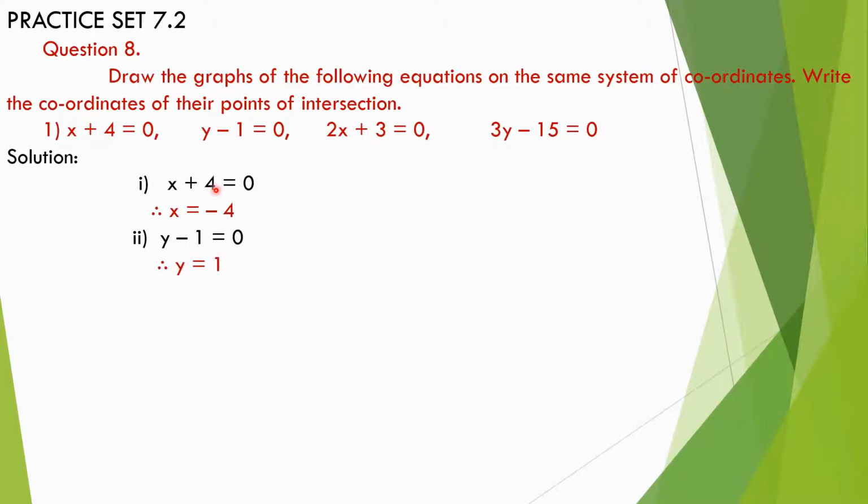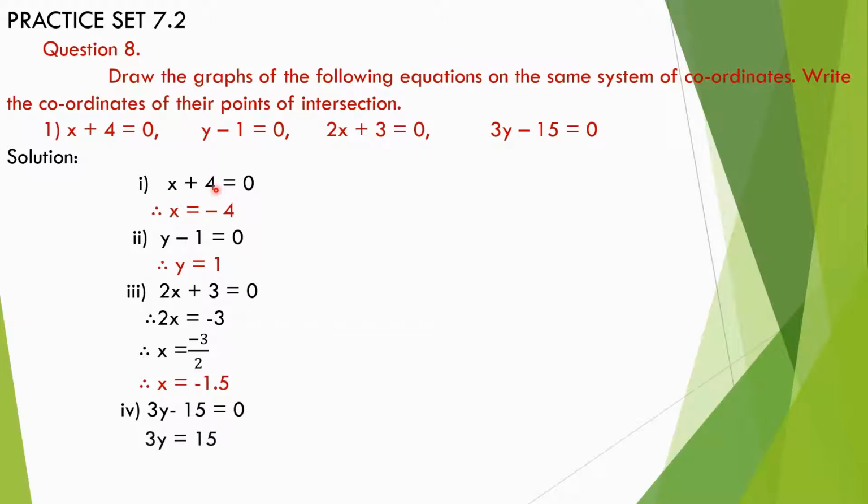And the third one, 2x plus 3 is equal to 0. Therefore, 2x is equal to negative 3, x is equal to negative 3 upon 2, that is equal to negative 1.5. And the fourth one, 3y minus 15 is equal to 0. Therefore, 3y is equal to 15 and y equals 15 upon 3, so y is equal to 5.